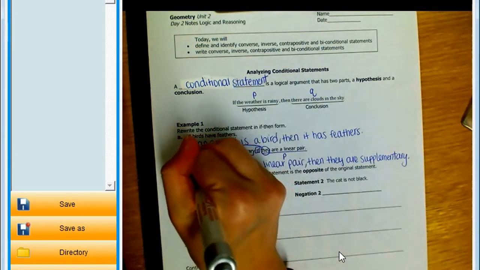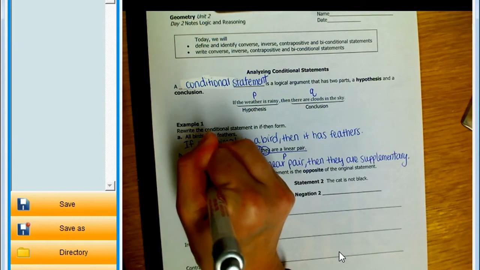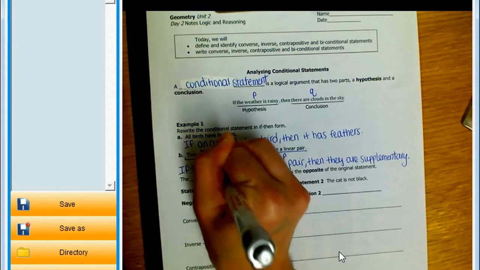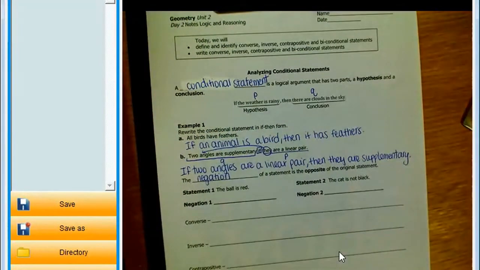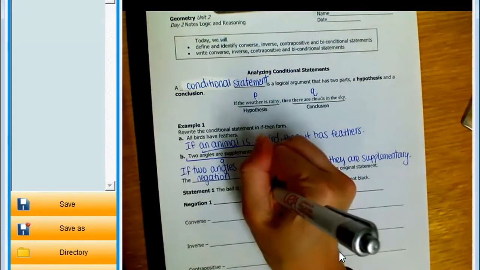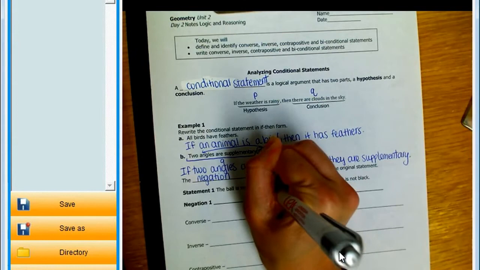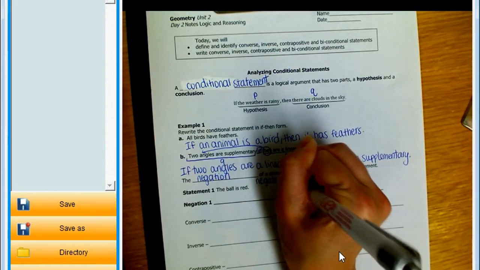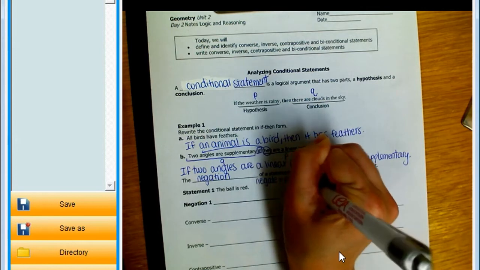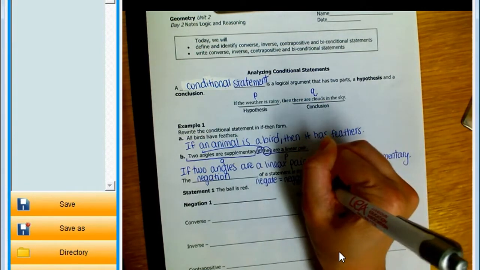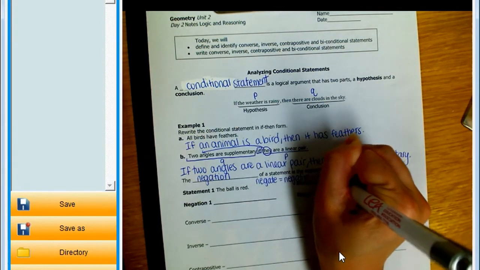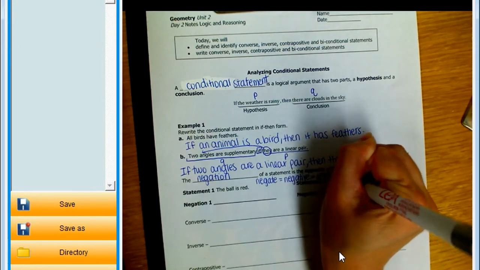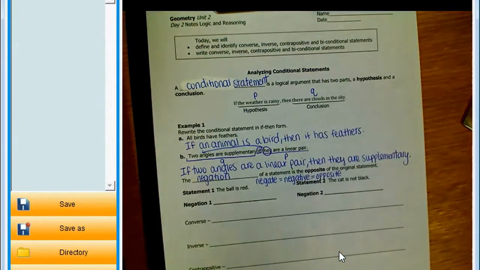The negation of a statement is the opposite of the original statement. So negate, think negative, opposite. Statement 1, the ball is red.